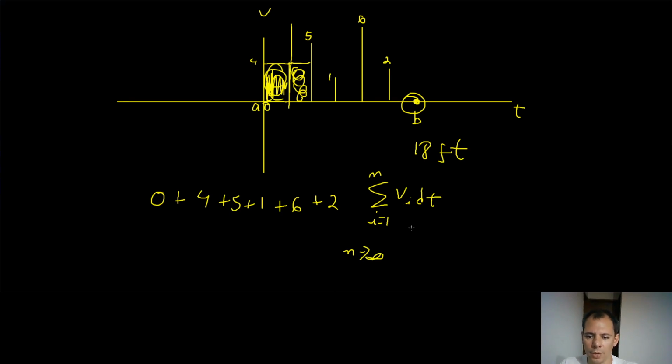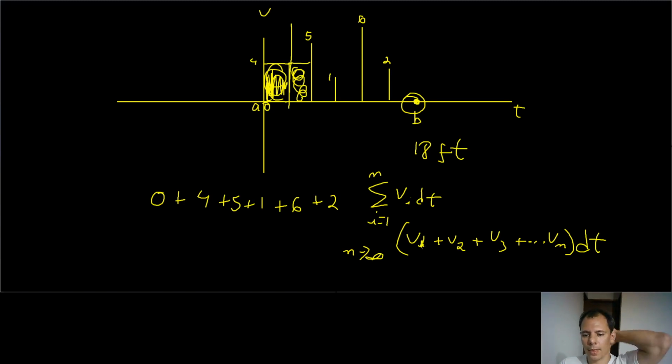And what is vi? Well, it's going to be the velocity of 1 plus the velocity of 2 plus the velocity of 3 plus, you keep going, the velocity of n. This whole thing is being multiplied by dt. And what is v? V is the derivative, okay? So v is the derivative, going from front to back, from here all the way back here.